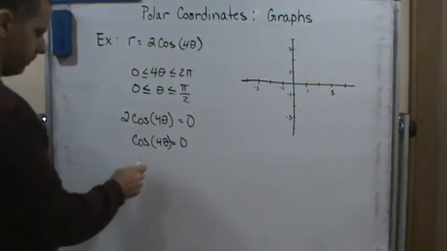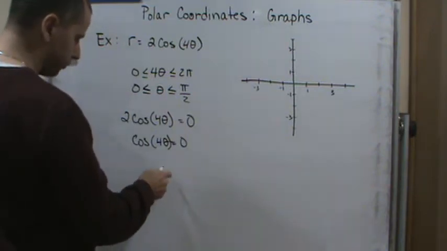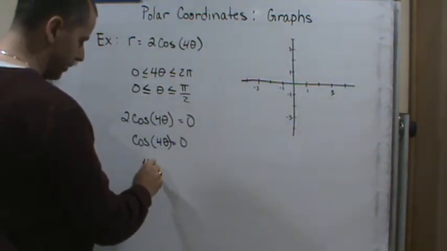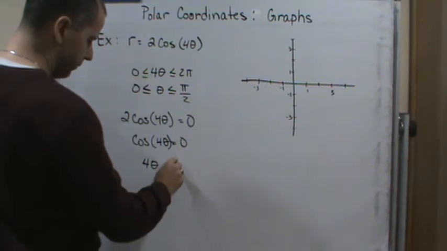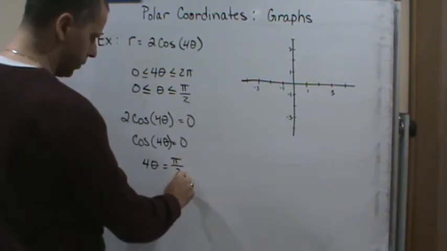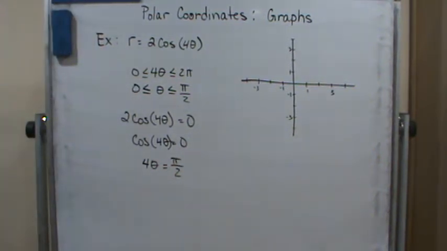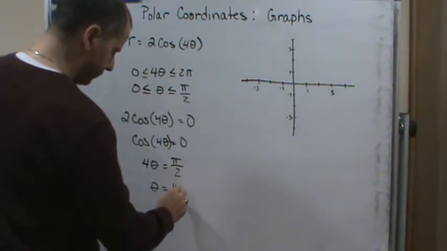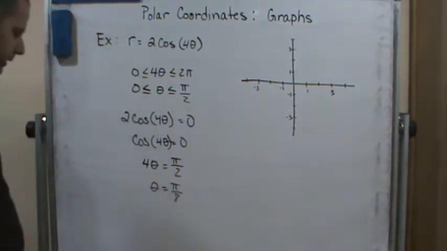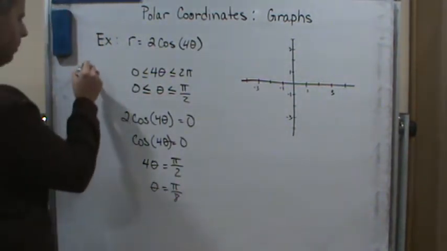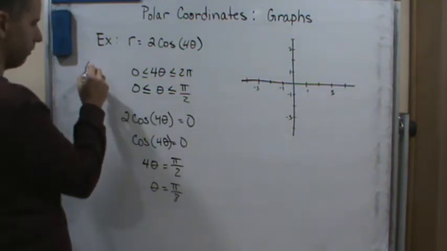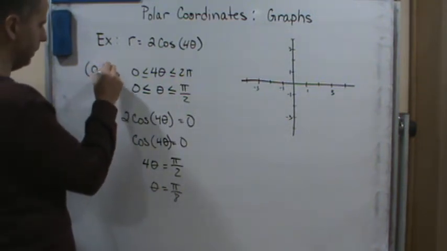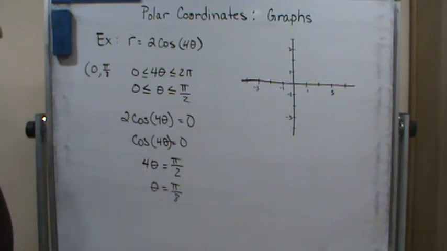That means it happens when 4 theta is pi over 2, which says it's going to happen when theta is pi over 8. So we know we have a zero at 0 comma pi over 8.